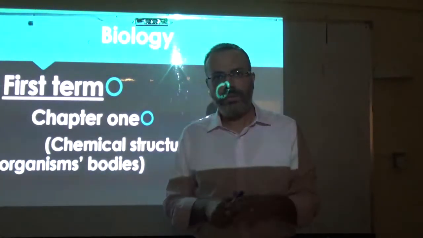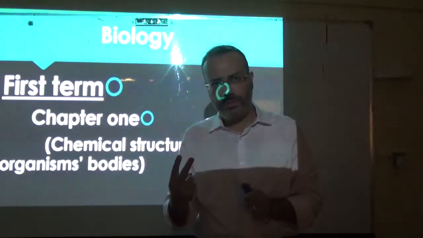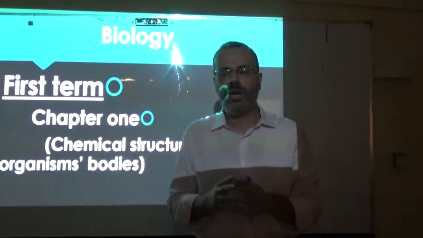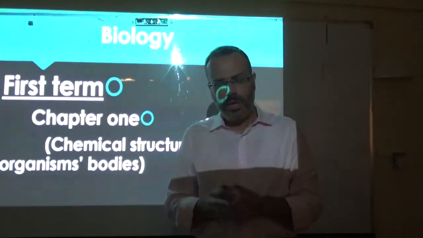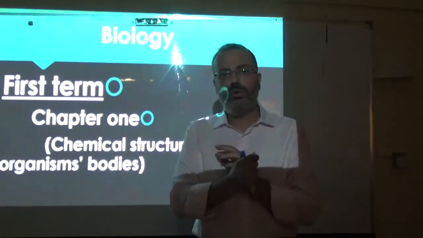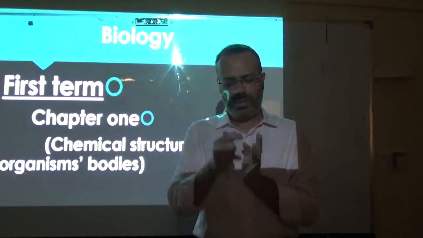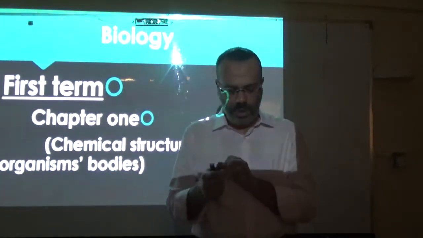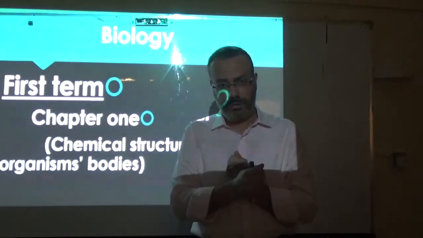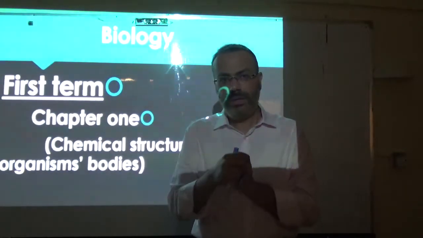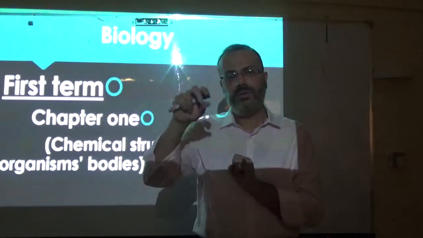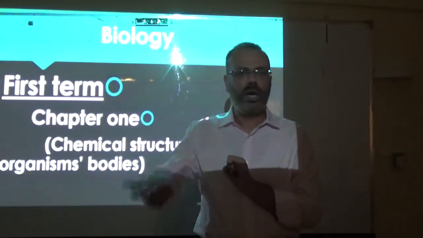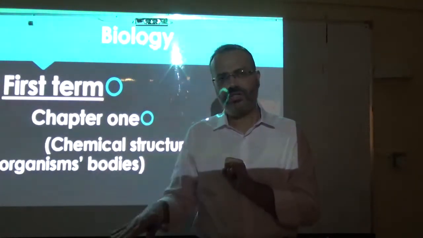Inside the cell, we have 2 types of molecules or compounds. One type is called organic molecules, and another type is called inorganic molecules. Organic molecules means that the compound has carbon, mainly carbon, present in its structure.